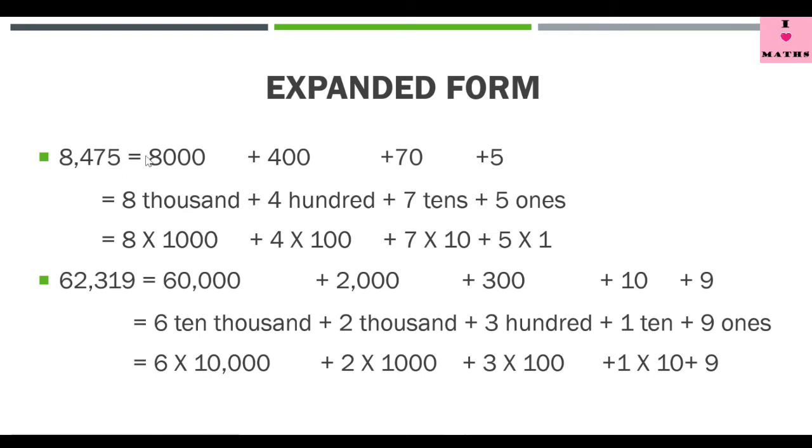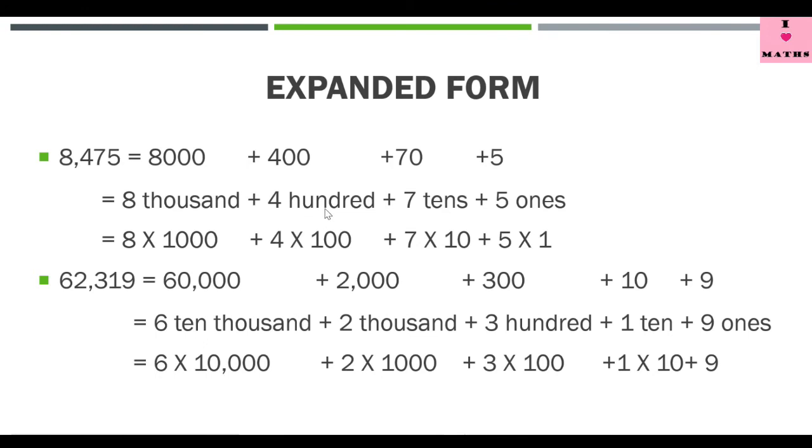If you have to write it in the expanded form, there are 3 different ways to write in expanded form. This is completely the numeral. All the numerals are written. 8,000 plus 400 plus 70 plus 5. If you will add all these 4 numbers, you will get 8,475.